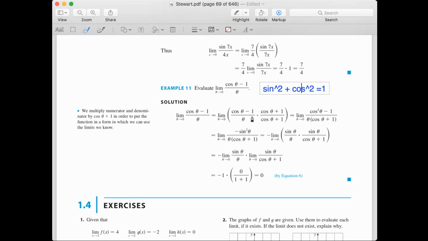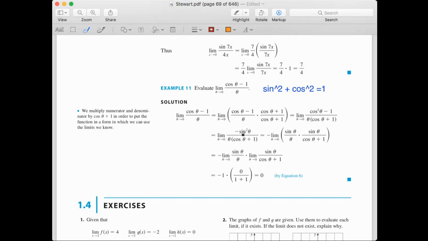We want to multiply by its conjugate again. We think of cosine theta minus 1 as a minus b, and we multiply by a plus b. Then we get cosine squared minus 1, which by the identity is just negative sine squared.